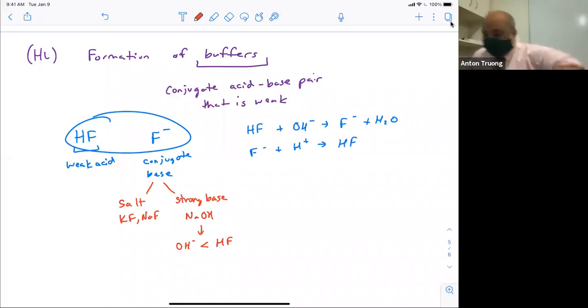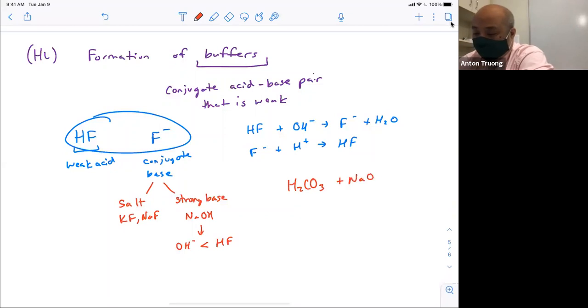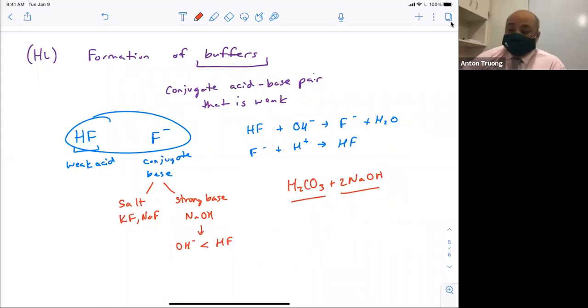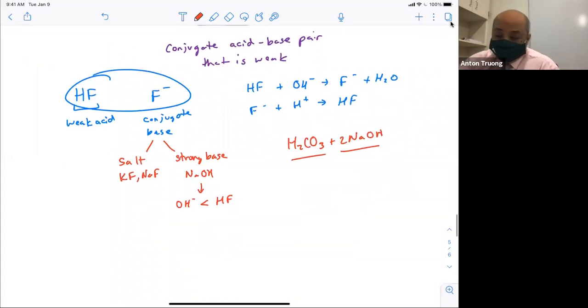They might say H2CO3 is a weak acid, and it takes 2 NaOH, so the amount of NaOH I could add to H2CO3 could be more than I would expect. That's the only tricky part there. Okay.